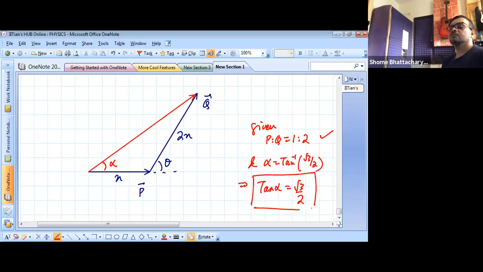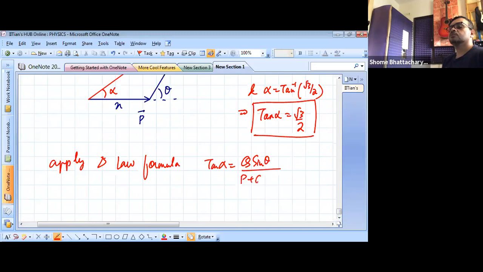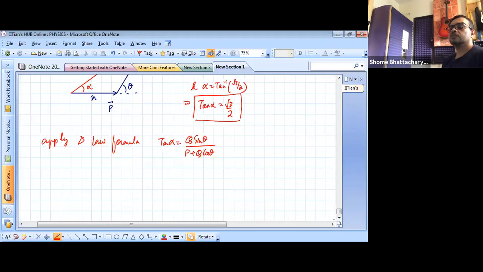This is what we have to apply. So now which formula will apply for this? Apply the triangle law formula for tan alpha. Tan alpha is, in this case, Q sine theta upon P plus Q cos theta. So apply this formula to this triangle and you will understand what to do.